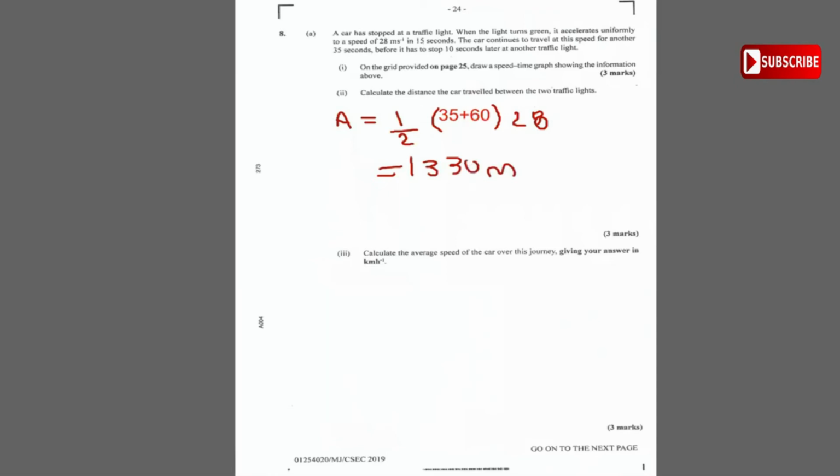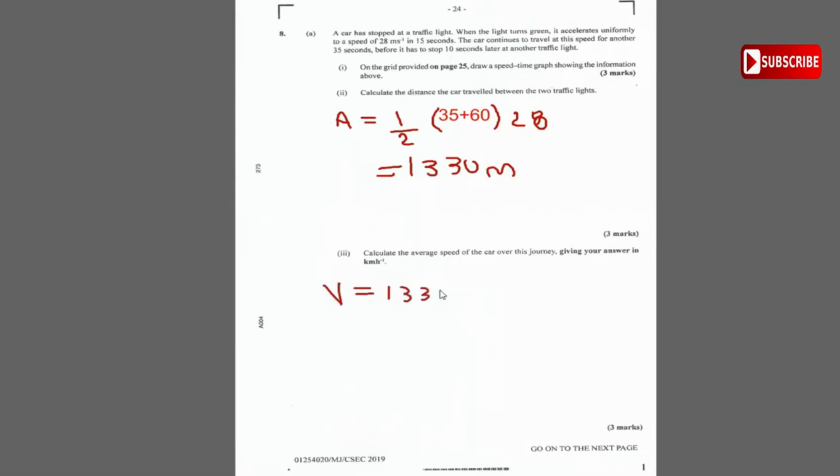All right. Now the next thing it says, find the average speed of the car over this journey and give an answer in kilometers per hour. So first, let's find the average speed in meters per second. The average speed, I'm calling it V, is total distance over total time.